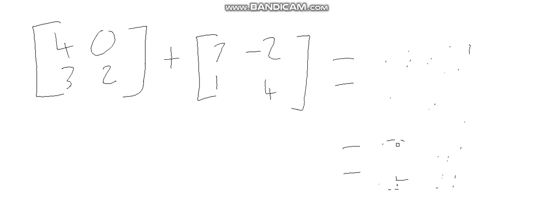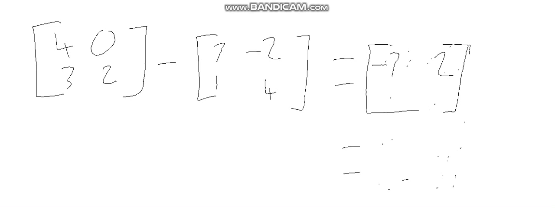If we were subtracting, let's say the second matrix from the first, what would occur is that we would say 4 minus 7, which will give us -3, 0 minus -2, which will give us +2, 3 minus 1, which will give us 2, and 2 minus 4 is equal to negative 2.